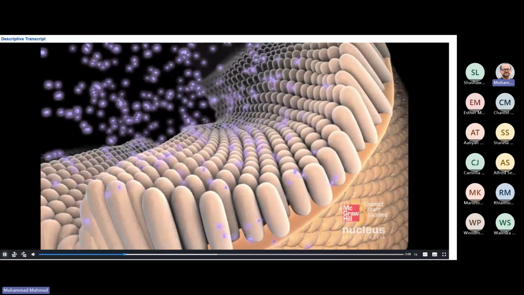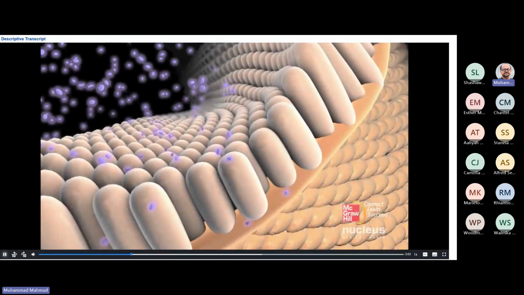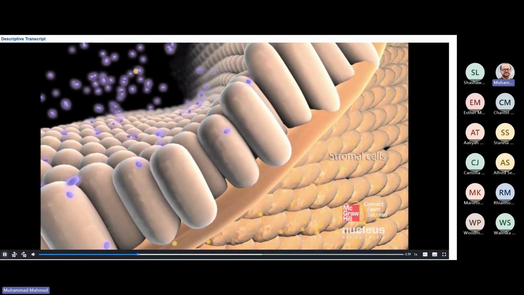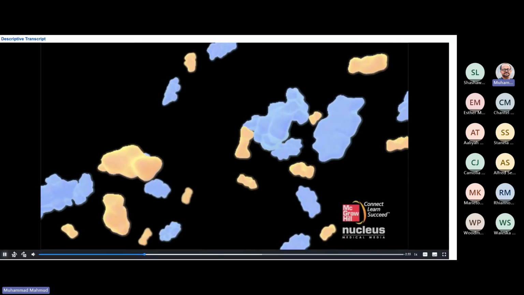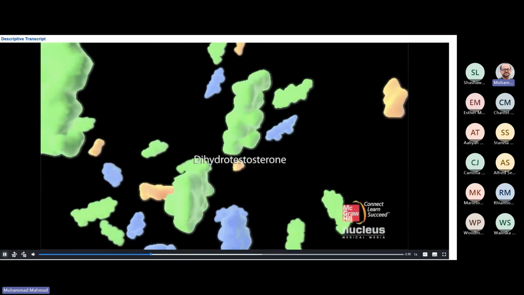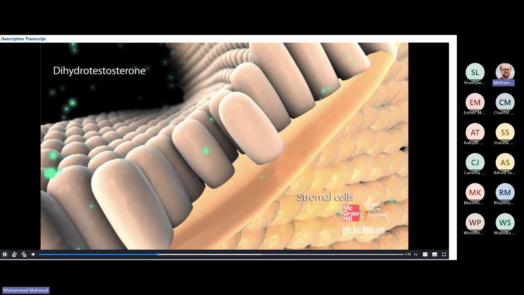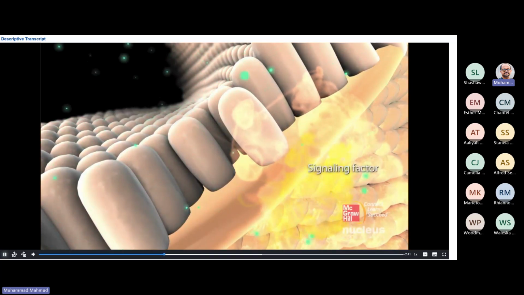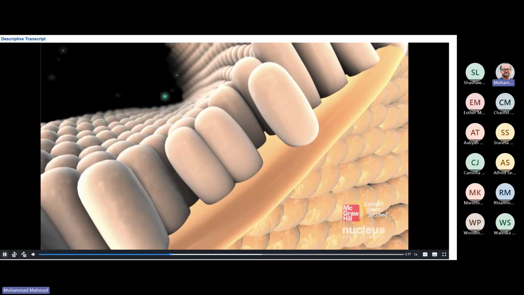Throughout life, the male sex hormone, testosterone, influences prostate growth and development. Prostatic stromal cells express an enzyme that converts testosterone to dihydrotestosterone. Dihydrotestosterone binds to stromal cells, releasing signaling factors that stimulate prostatic cell division and growth.